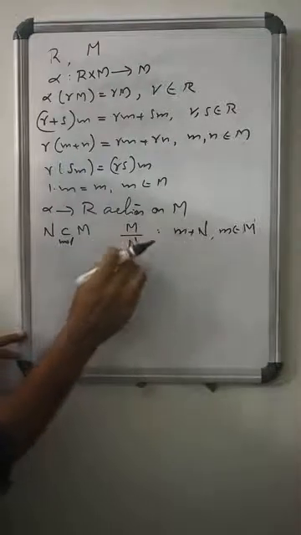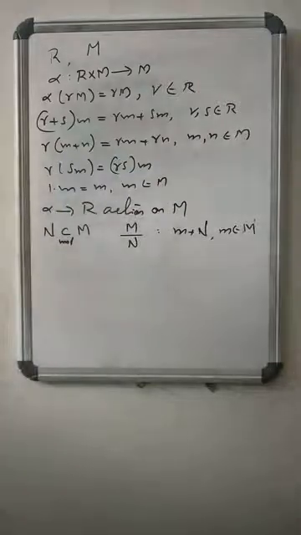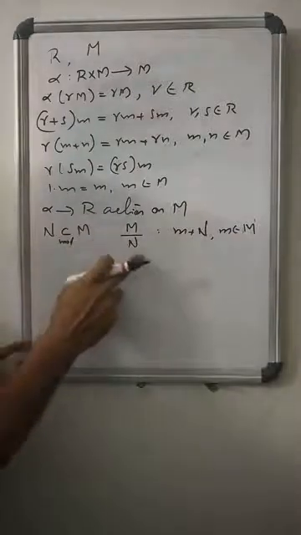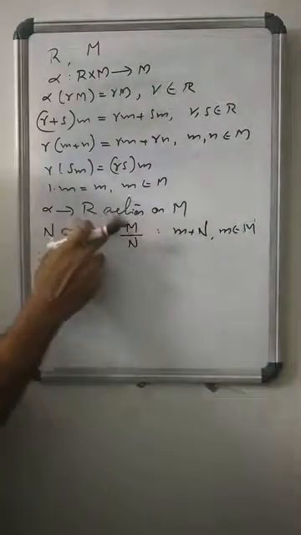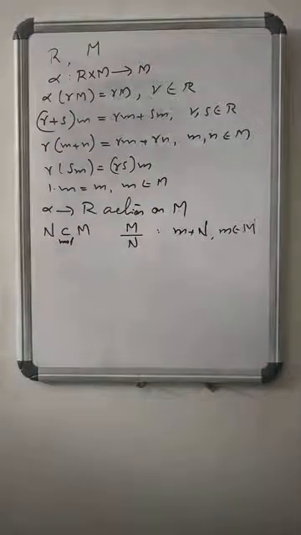M by N exists only when N is a submodule of M. The quotient group M by N exists when N is a subgroup of M. So in the light of that argument, M by N is a quotient module when N is a submodule of M, and the elements in M by N are expressed as m plus N, where m falls in M.